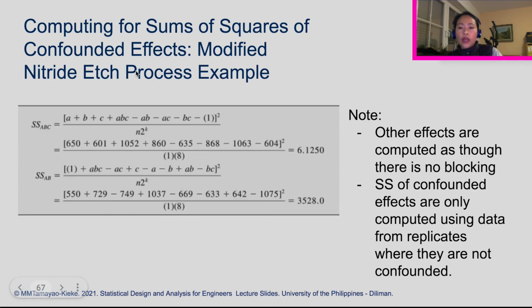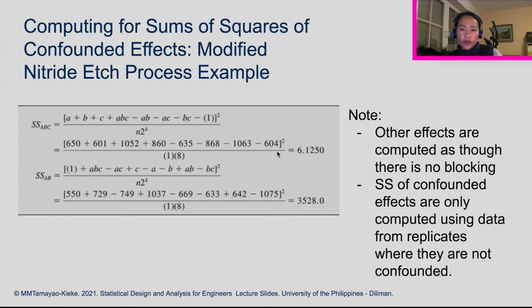Now how do we compute the sums of squares of confounded effects, specifically for the partially confounded design in this example? We get the sum of squares for ABC from the block where it is not confounded, and we also get the sum of squares for AB from the block where it is also not confounded.